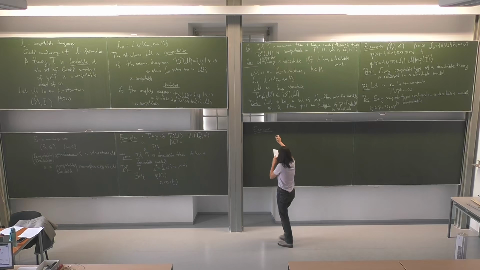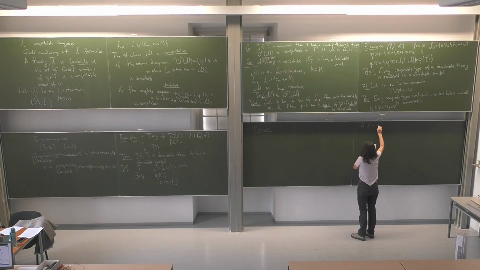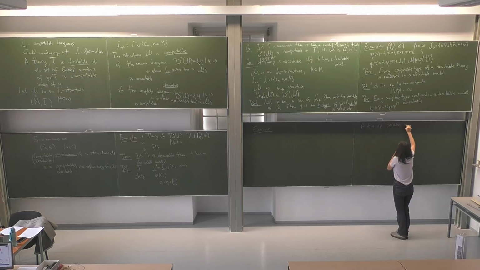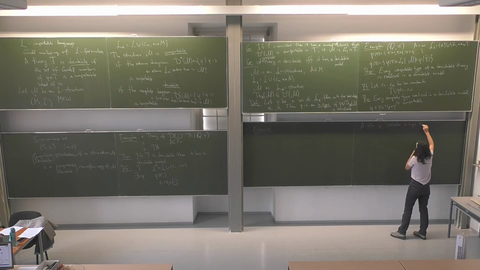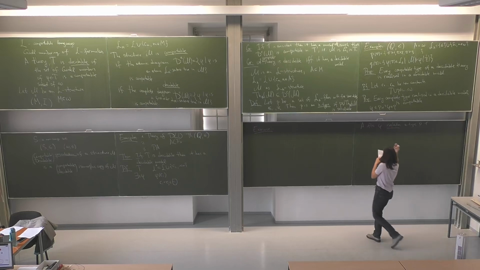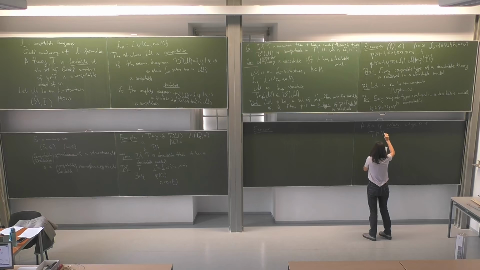We say a formula phi isolates a type P if everything in this type follows from phi.